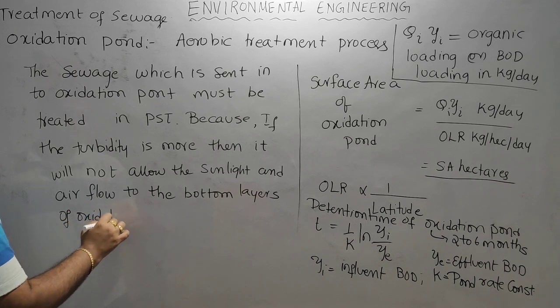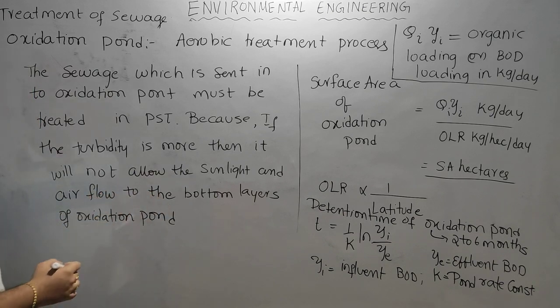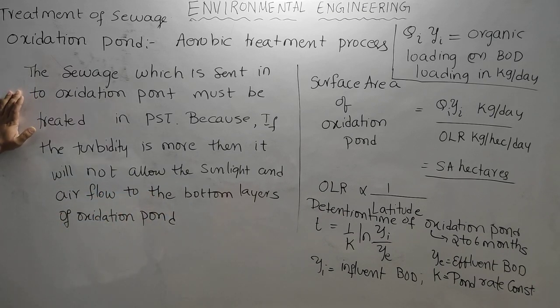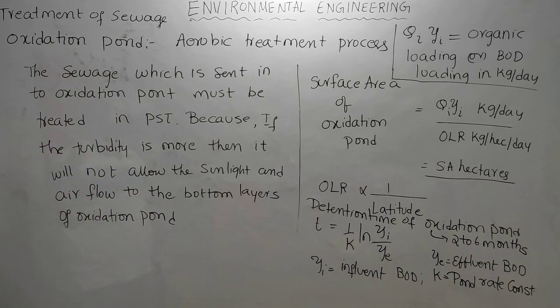So oxidation is not possible at the bottom layer. In order to keep the system under aerobic condition, a low amount of turbidity is necessary. That is why, whenever we send sewage into the oxidation pond, pre-treatment in the primary sedimentation tank is necessary. This is the first point.